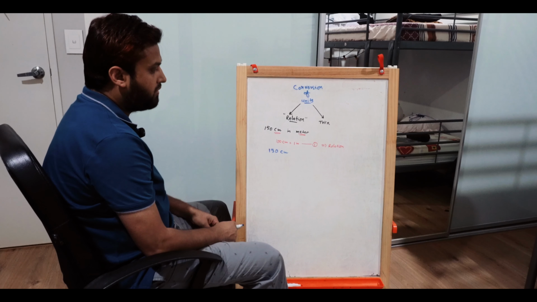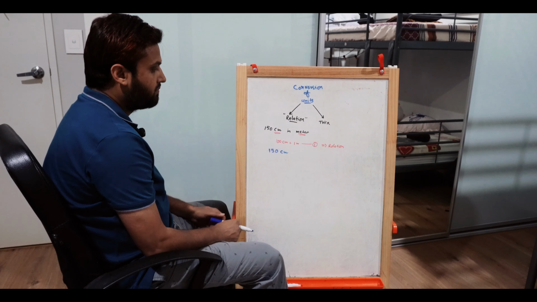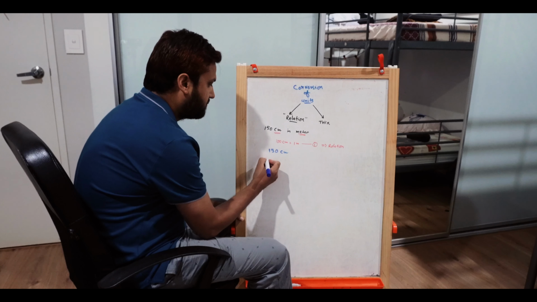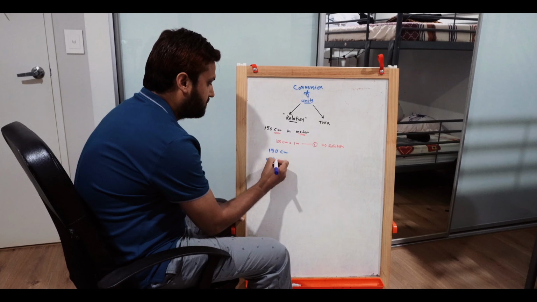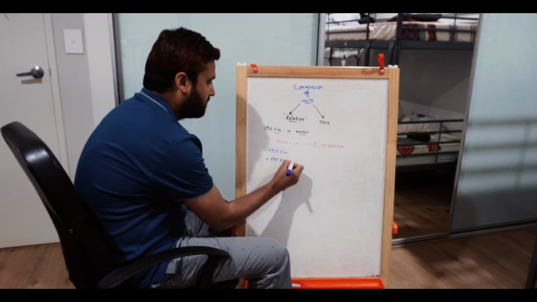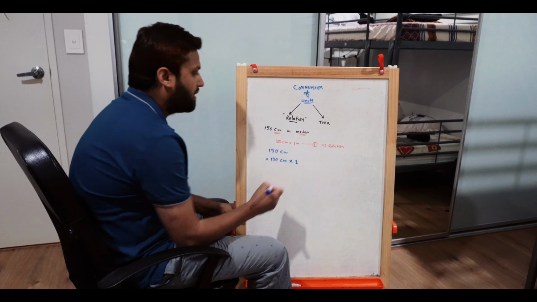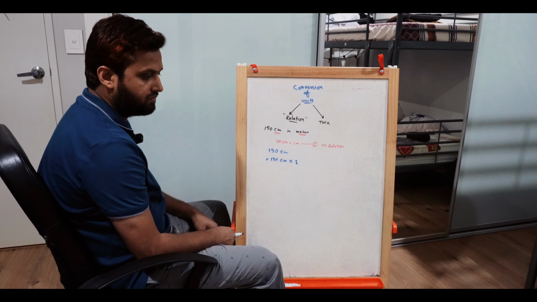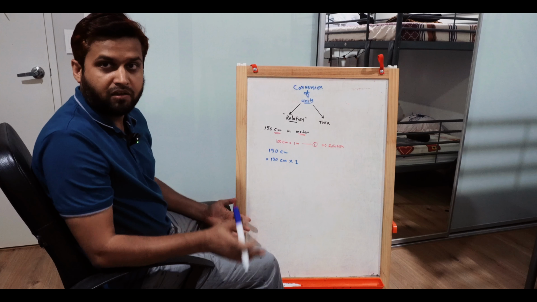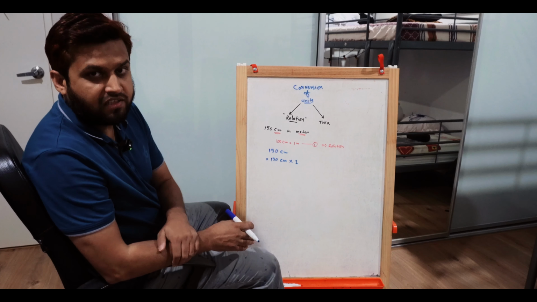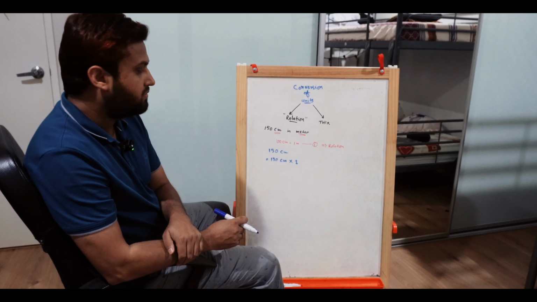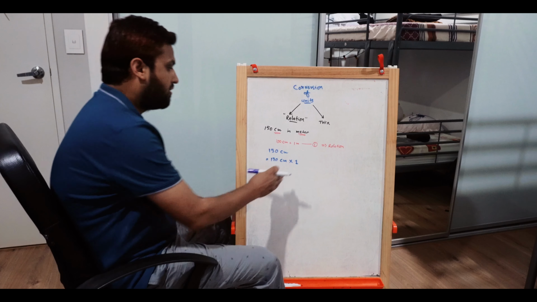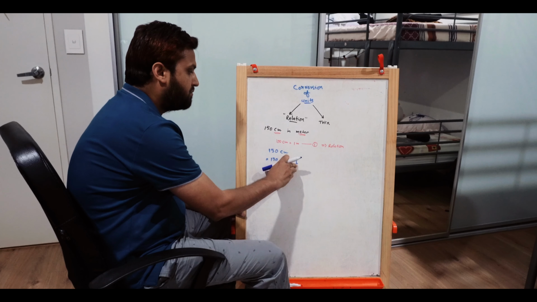Now what you will do is, if you multiply the whole thing by 1, what is going to change? Nothing. If you multiply any number by 1, will it change anything? No. Now, this 1 is very important.